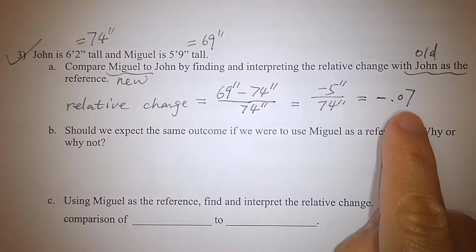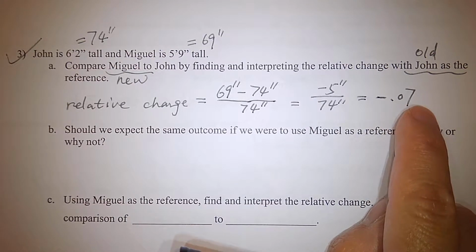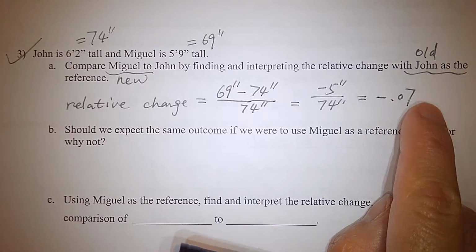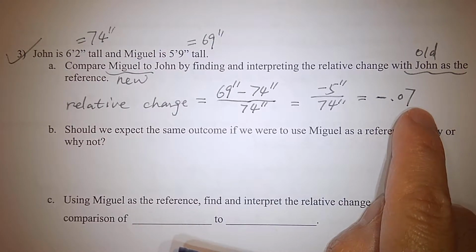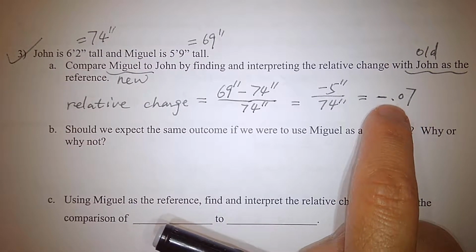Did you round? Some of you get 0.68, or 0.0676. So we can use 0.07.